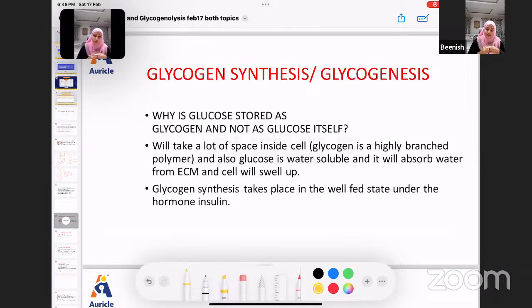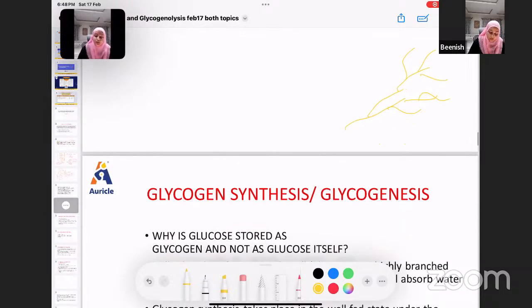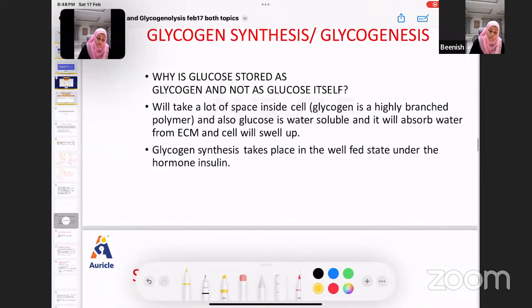It is because, as I mentioned, glycogen is a highly branched polymer, and branching makes it really compact. And the other thing is that glucose is water soluble, so it will absorb a lot of water and the cell will swell up. So these are the two reasons why you need to store glucose as glycogen.